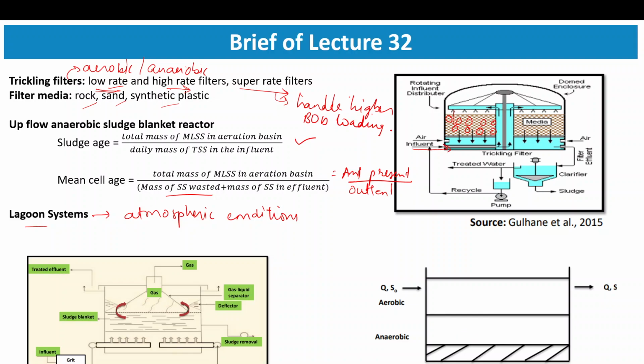What happens is diffusion inside the tank, or the interaction between the atmosphere and the water. So lagoons are nothing but shallow tanks, because if you keep more depth, then the interaction of atmosphere and water will be less for oxygen supply, because here the oxygen supply is from the atmosphere.